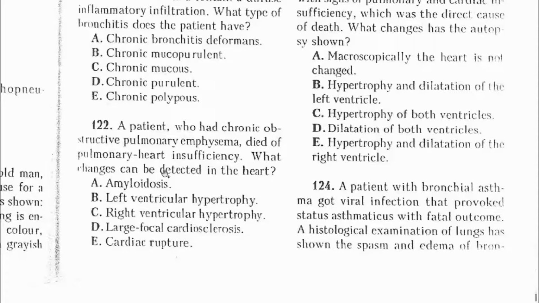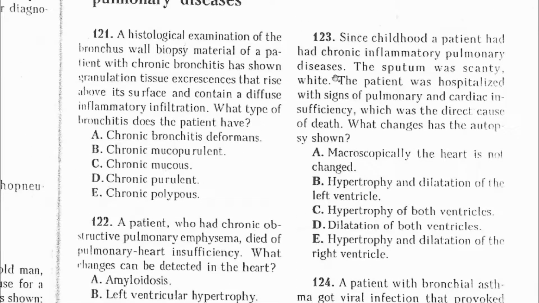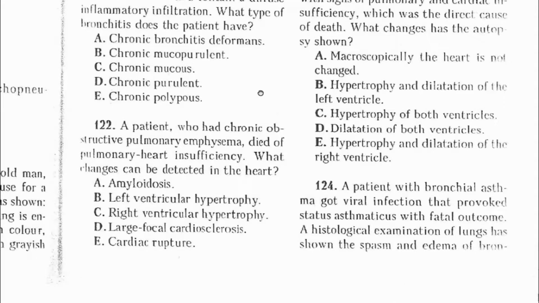Now, pulmonary insufficiency is a condition in which there is a backflow of blood from the pulmonary artery to the right ventricle. Therefore, we are talking about right ventricular hypertrophy. Because when the blood begins to move back, the ventricle on the right side will become big or enlarge. So your answer is B.